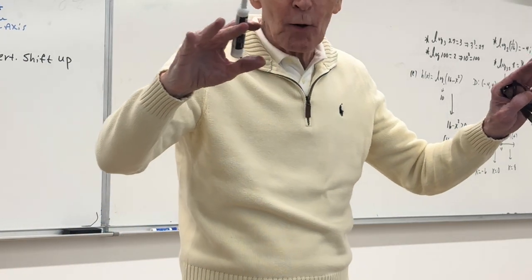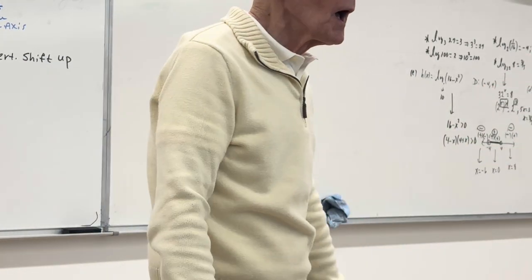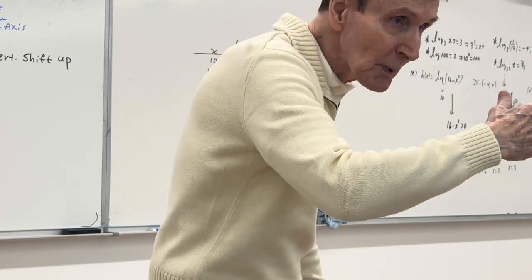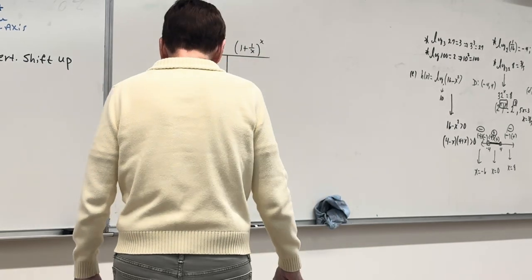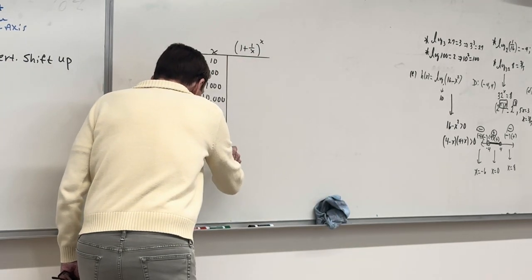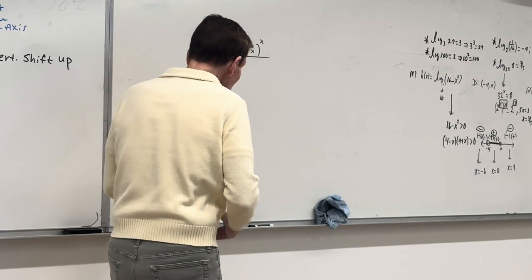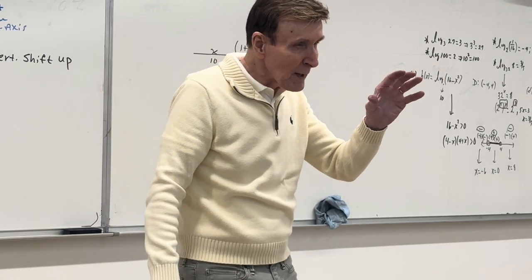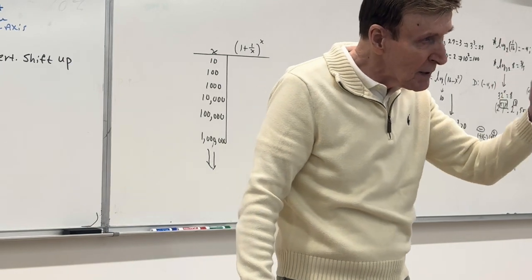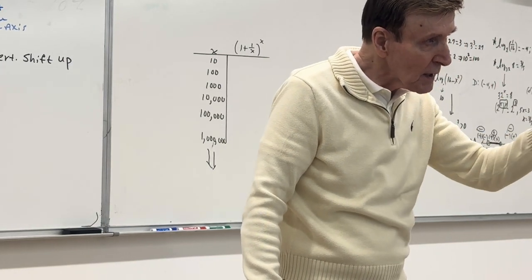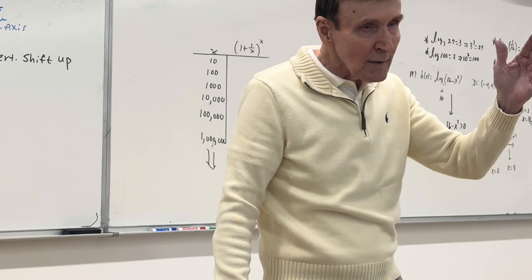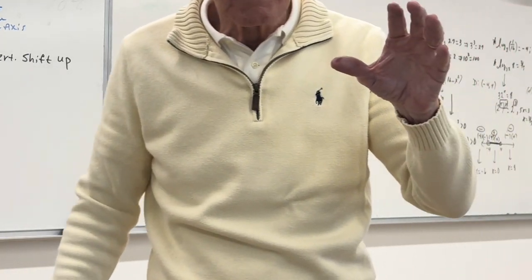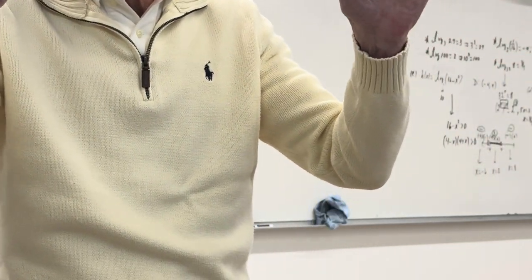Before I ask Mr. Park to help me with that strange expression, 1 plus 1 over x raised to the x, with those x replacements, can anyone tell me, using a symbol, what I am representing in that x column? As you look at those numbers, 10, 100, 1,000, 10,000, I went down to 1 million. What might that represent that we've talked about in class? Give me a representation for the left-hand column.